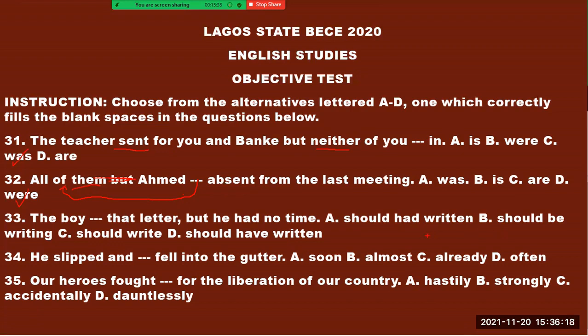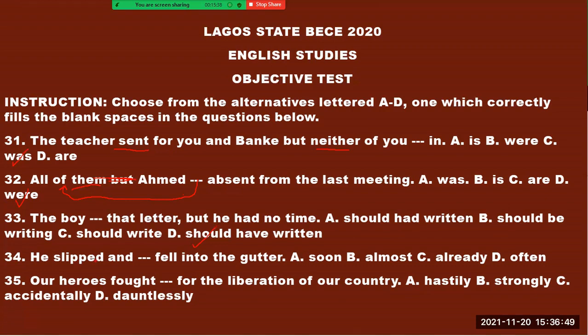He had no time, which means it's something you should have done in the past, but he didn't do it because he had no time. C, should write, no. D, should have written, yes. Should have written. It's a done and dusted event, something that ought to have been completed. And that's why we use the perfect tense, should have written, all right?